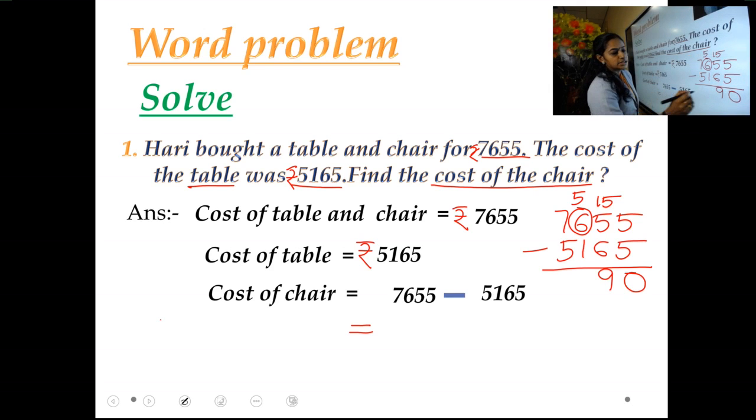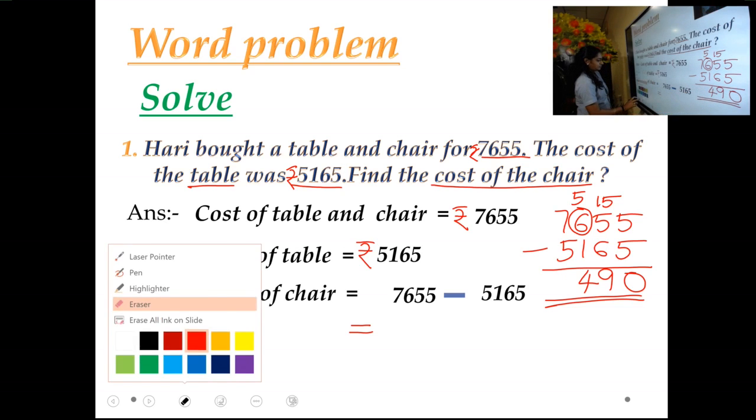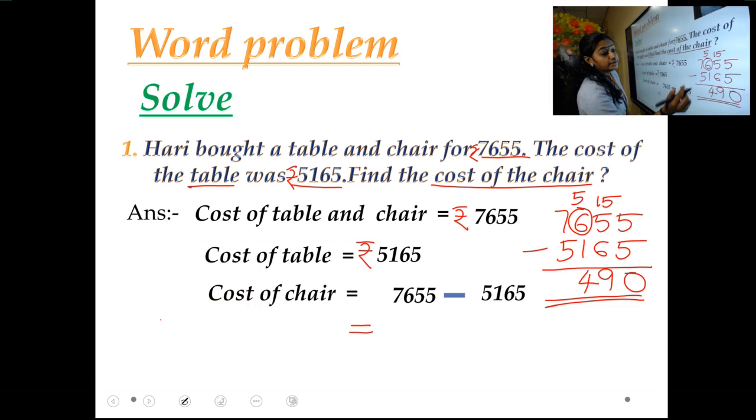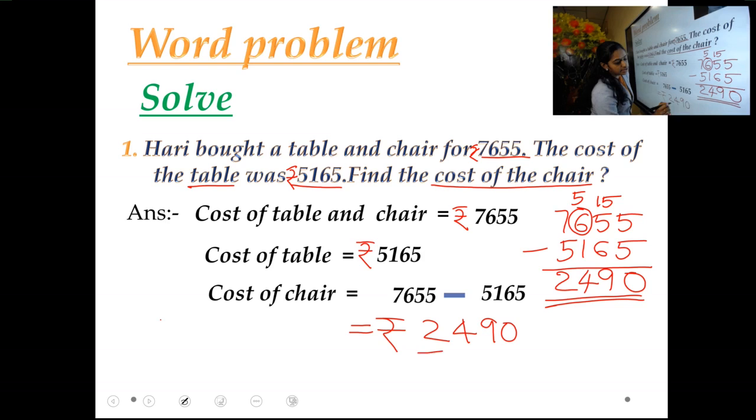Then 5 minus 1, that is 4. 7 minus 5, which number will you get? 4. So our answer is, okay, there is a mistake. No, 7 minus 5, that is 2. Okay, so write down that number. First of all, you have to write down the money symbol, and write down 2,490. That is the cost of our chair.